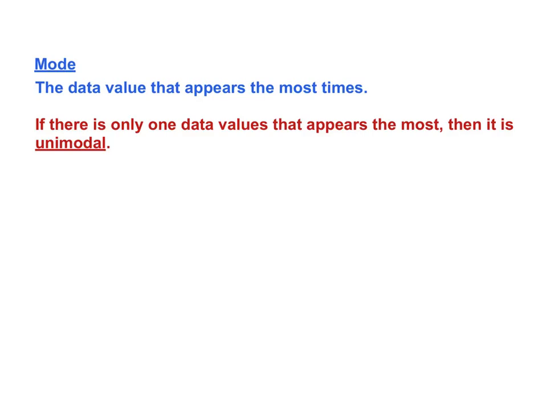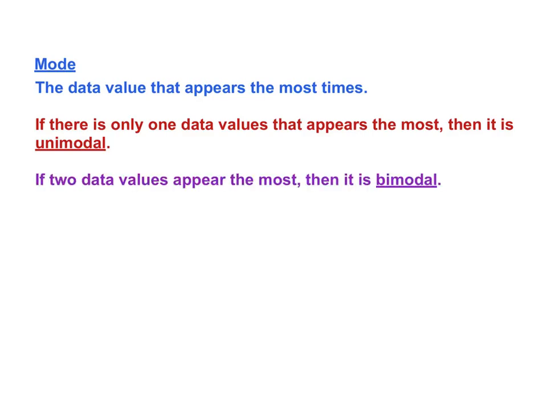It's possible to have a tie, that there might be 2 data values that appear more than any of the other data values. Would you like to take a stab at what that's called? Bimodal. That is correct. Very good. 2 data values that appear the most, then it is bimodal.